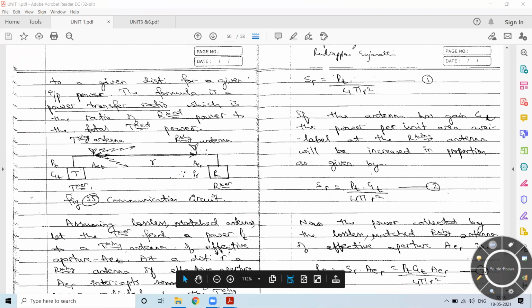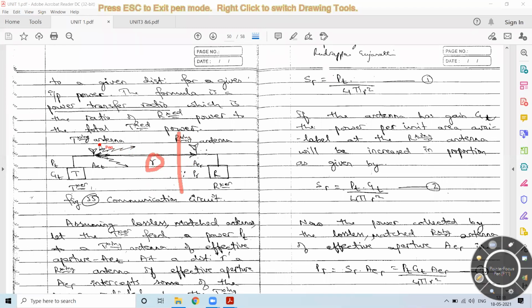Now we can see that there is a receiving antenna at a distance r, and this receiving antenna has to receive a power which has been transmitted from the transmitting antenna, and the power being transmitted is Pt.